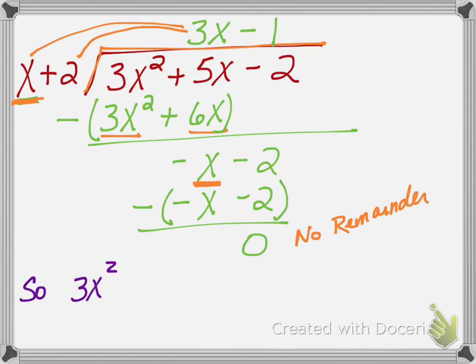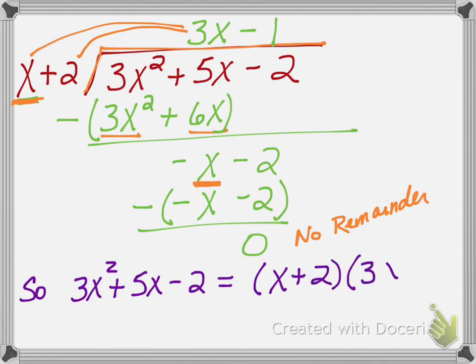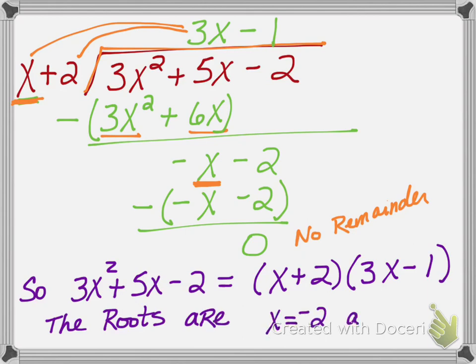Therefore, the polynomial 3x squared plus 5x minus 2 factors as x plus 2 times 3x minus 1. And we can look at this point and see that the roots, or the places where the function would be 0, are at x equals negative 2 and x equals positive 1/3.